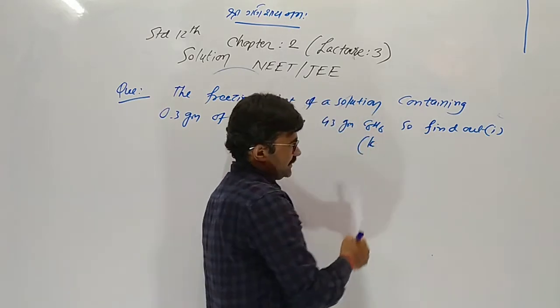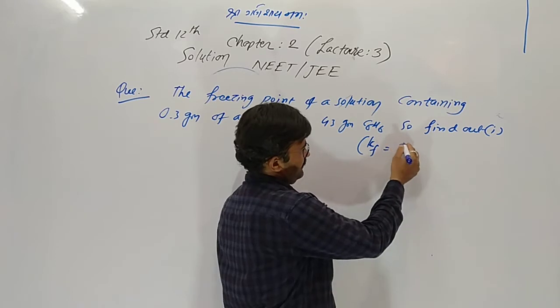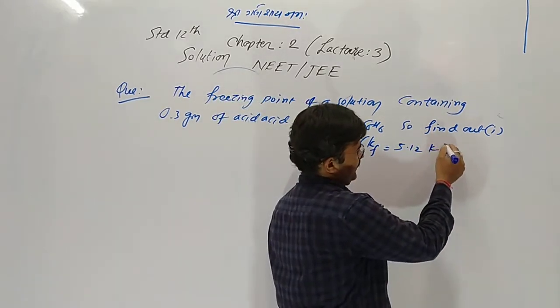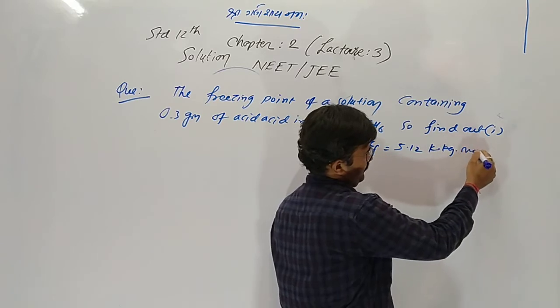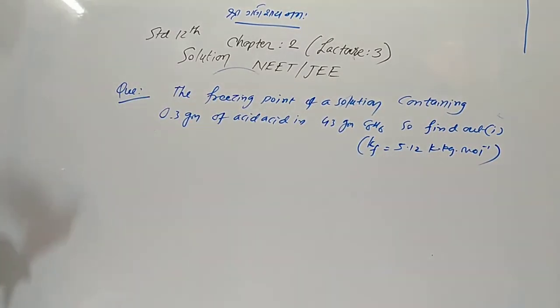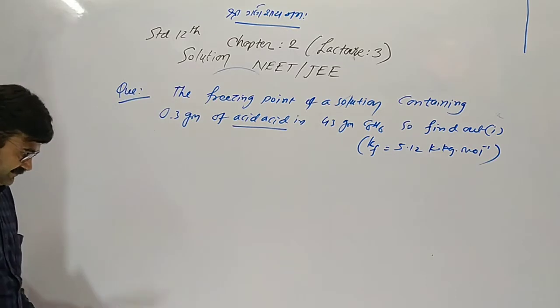Here Kf is given, 5.12 Kelvin into kilogram per mole. Acetic acid is dissolved into benzene.